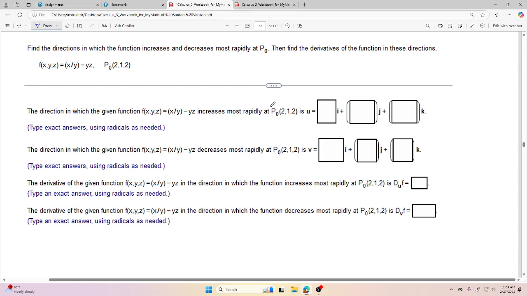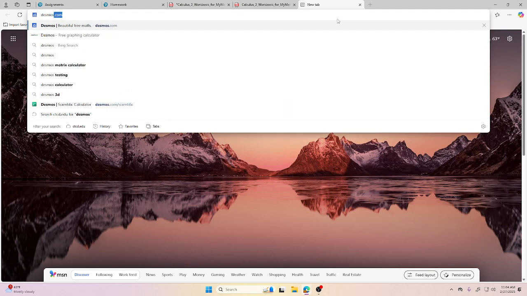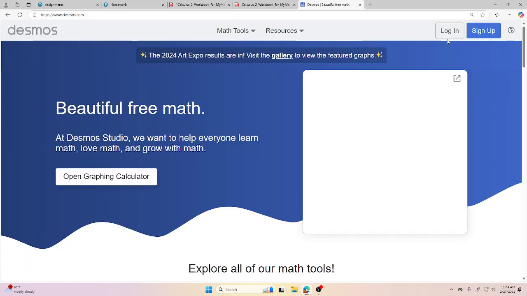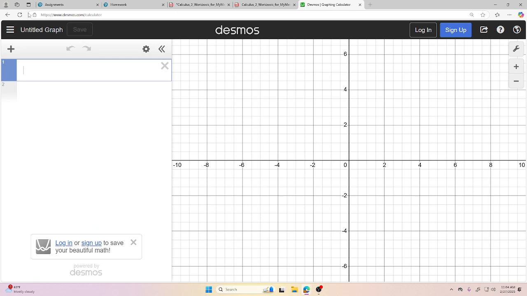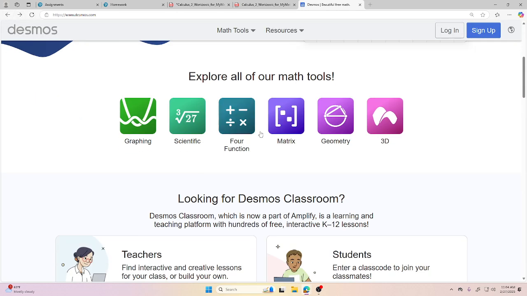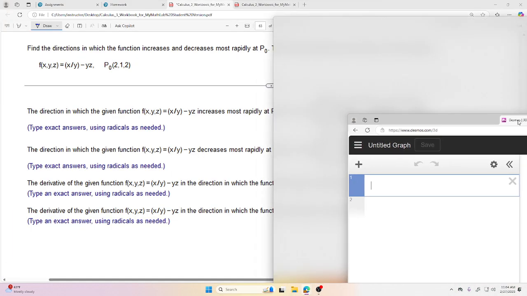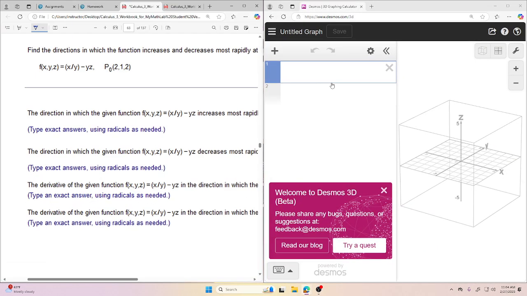Let me graph it. I just want to look, just for fun. And then I'll explain what we're going to be doing in just a second. It's going to help there. 3D, got to do the 3D stuff. Here's a problem.